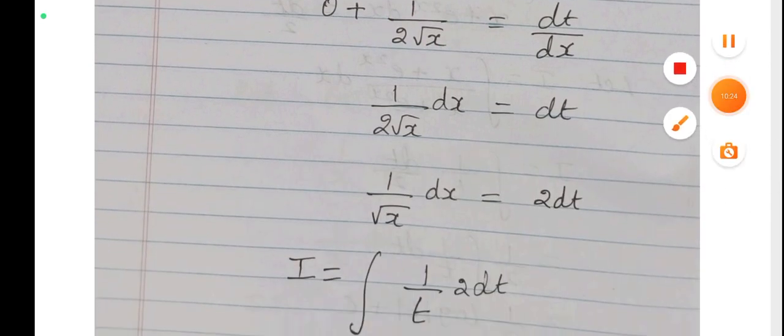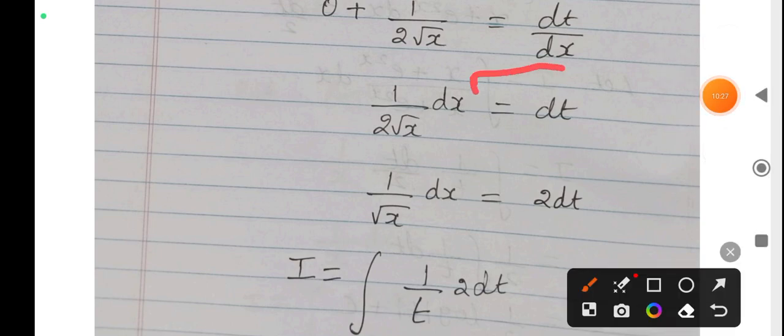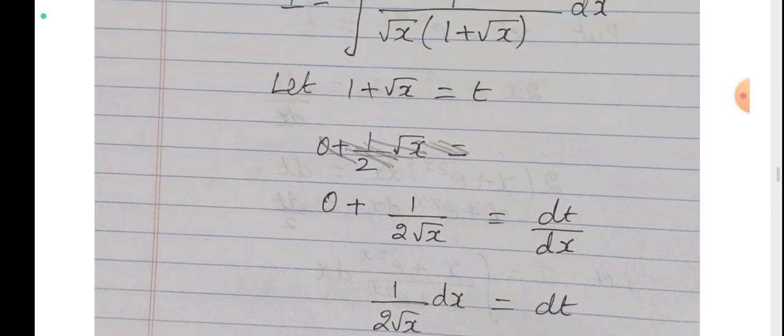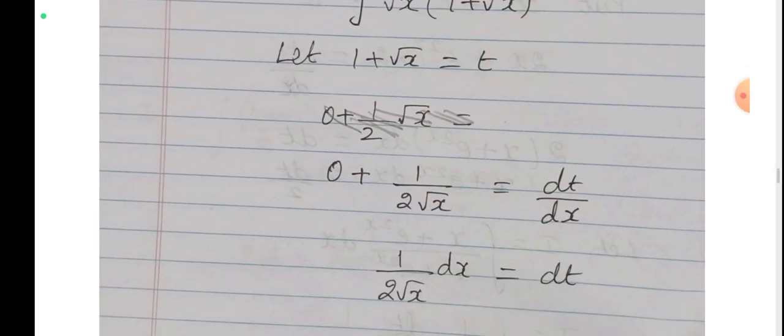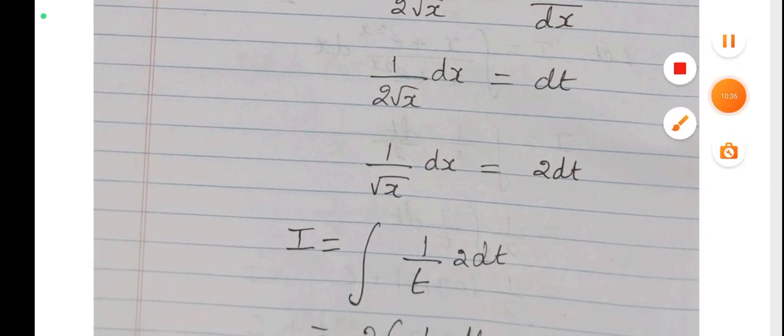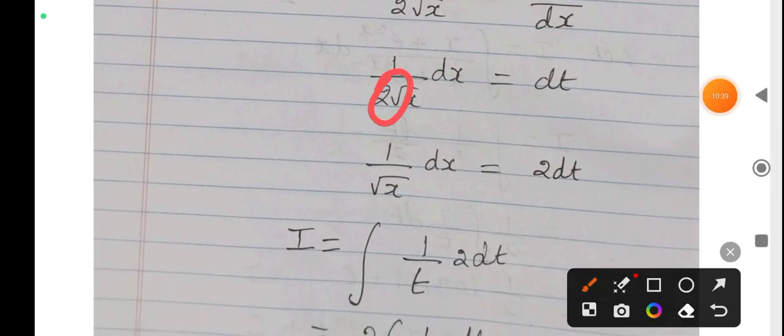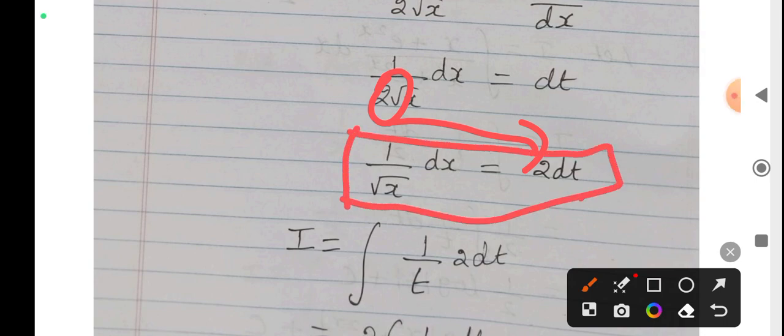Then the division by dx goes inside as multiplication, so we got 1 by 2 root x dx. We have only 1 by root x in the question. If you want, you can see: 1 by root x dx alone is there. The 2 we keep in the numerator, so it becomes 2 dt. So 1 by root x dx is nothing but 2 dt.